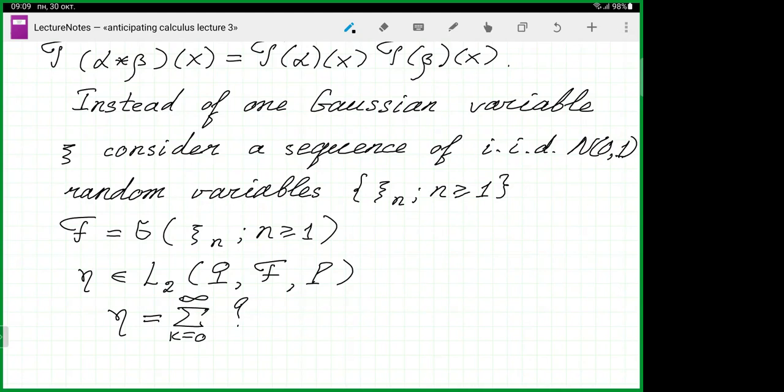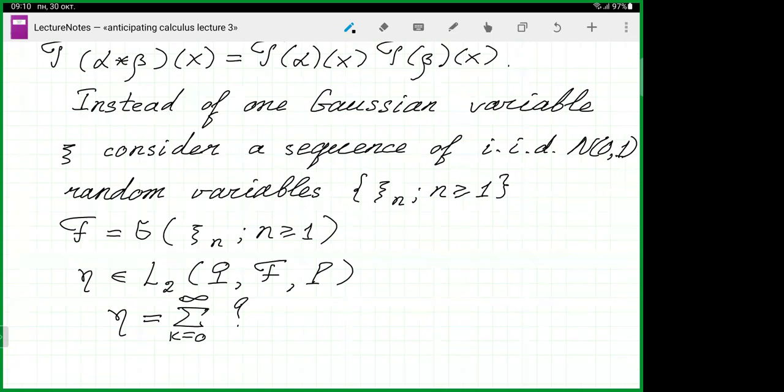The first problem is that even if we increase the dimension from one random variable xi to several random variables, a finite number, xi1, ..., xi d, for example, then still we have a new problem: we have to understand what multidimensional Hermite polynomials will be.